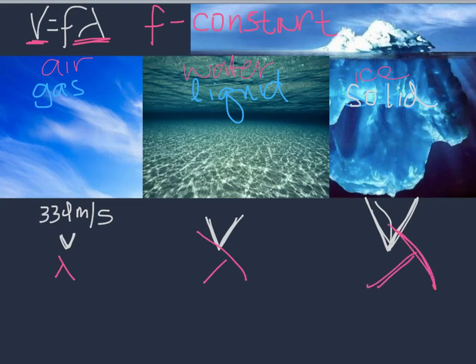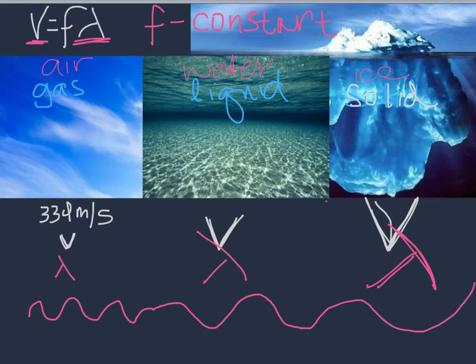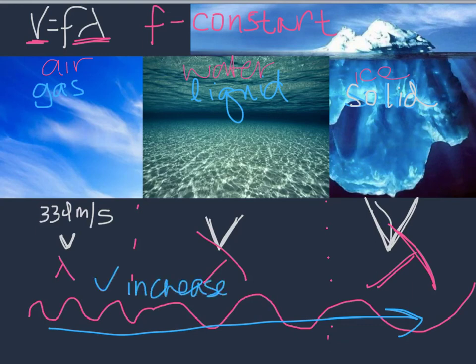So if we looked at a picture of each wave, we might start with something that looks like this, right? And then it transfers to water, and that wavelength is going to get bigger. And then it transfers to a solid, and it's going to get even bigger. So in each of these, the wavelength increases. I'll just draw a big arrow. So as speed increases, wavelength increases. But the frequency is constant.